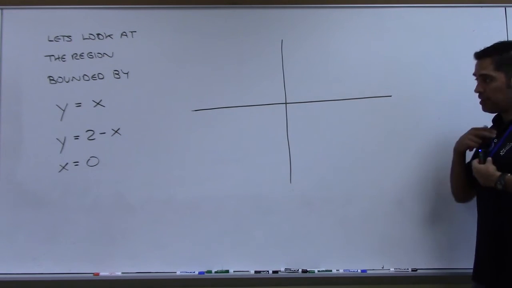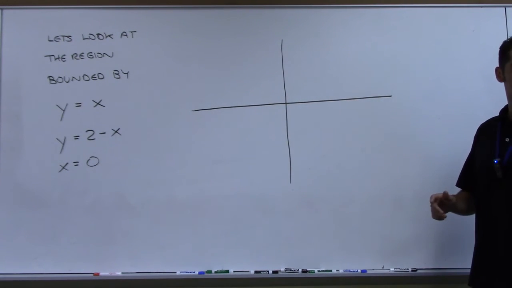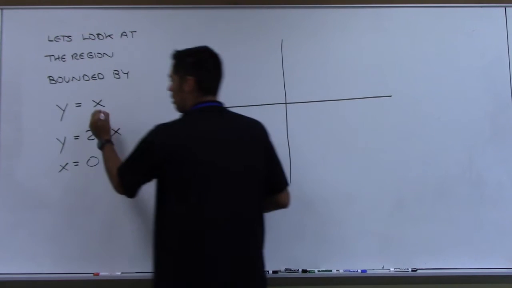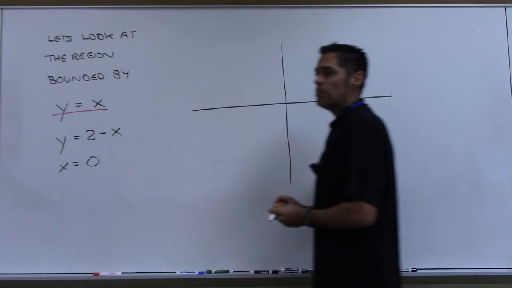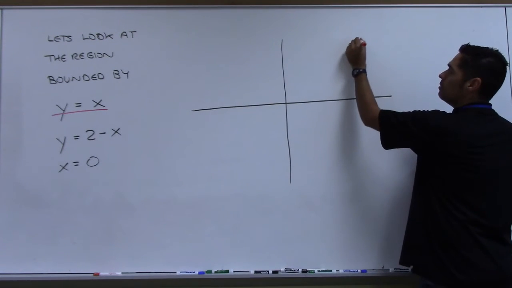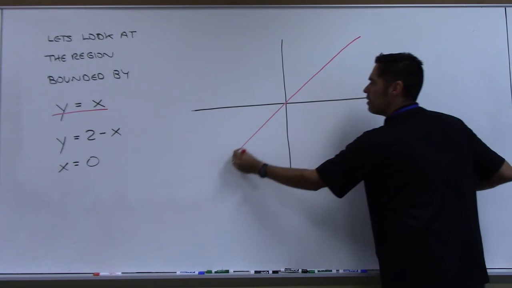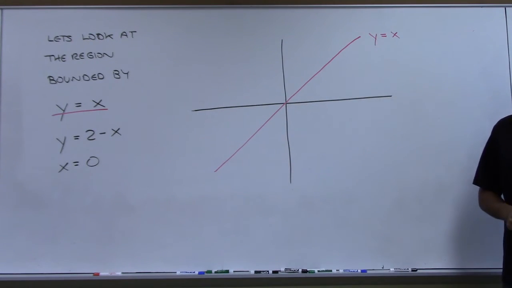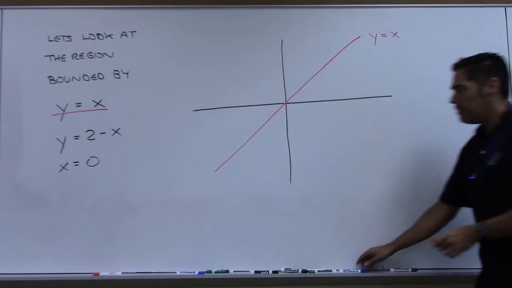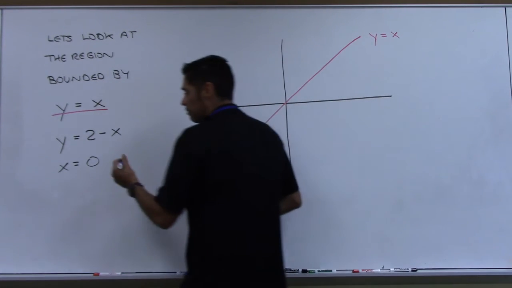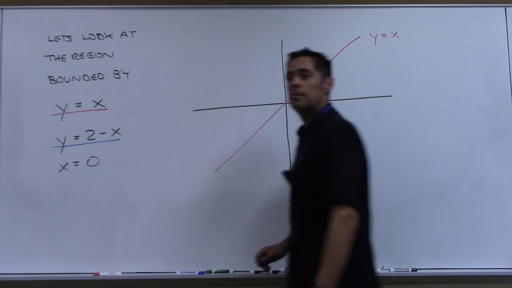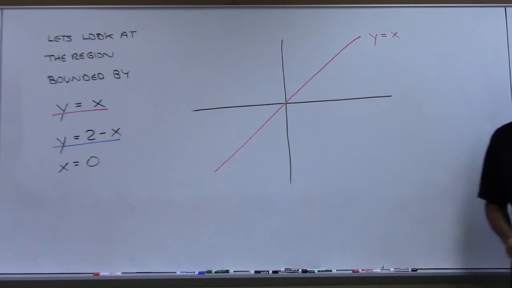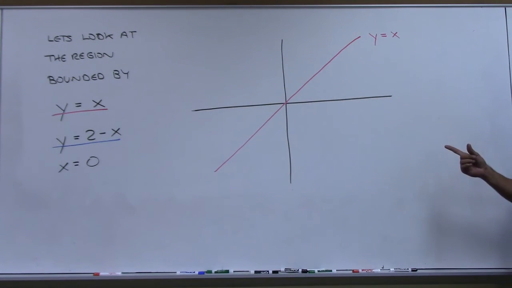So what I'm going to do is start drawing these things, and I'm going to use colors. All right, so let's first start with this graph, y equals x, which is a diagonal like this. Everyone agree? Yeah? Then we have y equals 2 minus x, which is another line. How do I draw it?